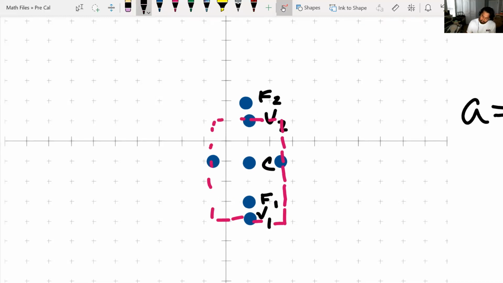And of course, minor point 1, minor point 2.